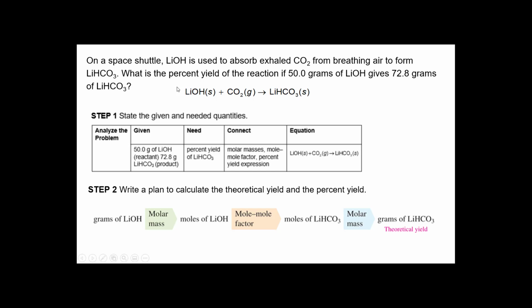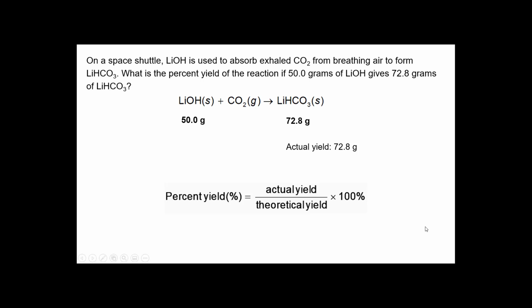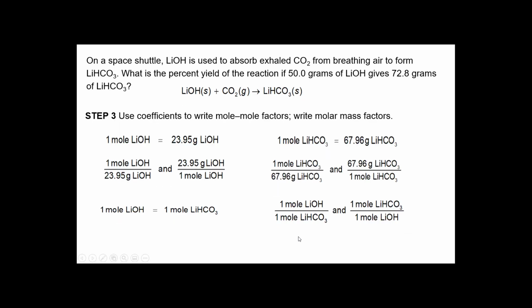So we're going to start out the same way we've started other ones. Grams of reactant, molar mass, moles. We do the mole to mole factor, looking at the equation, moles of product, molar mass, and then grams. Then we'll have the theoretical yield to plug in here, and actual will go here. So let's look at the coefficients, the mole to mole factors.